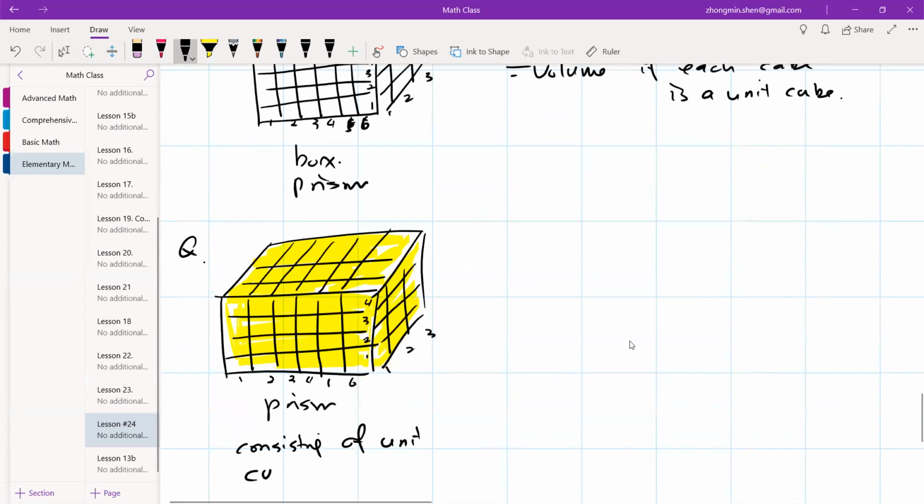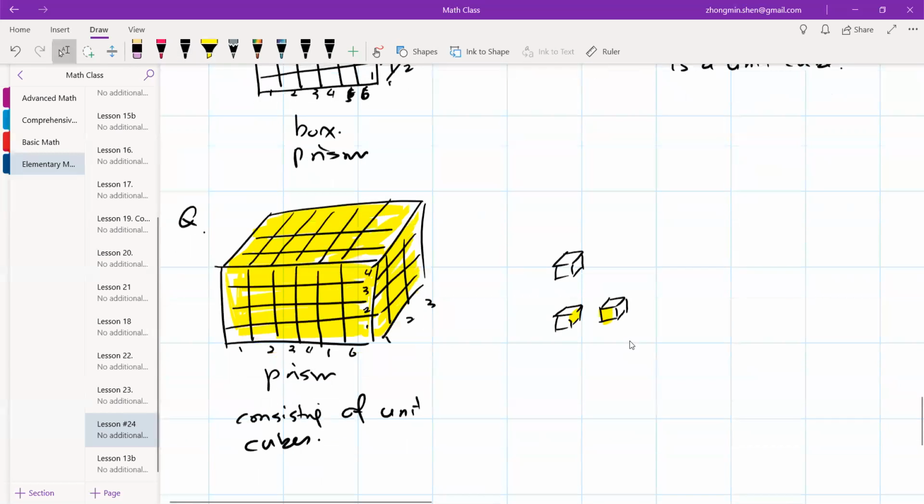I painted the outside, then I open it, and I get lots of little cubes. Some cubes are painted on one face, some on another side, and some cubes have no painting at all.